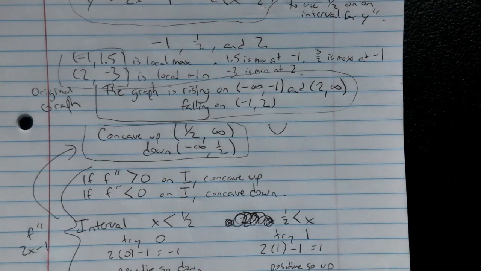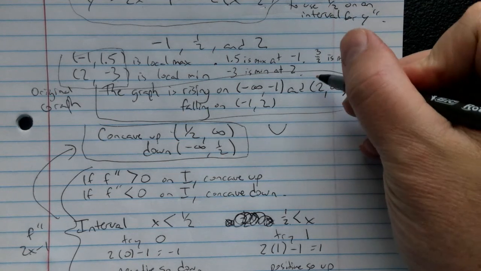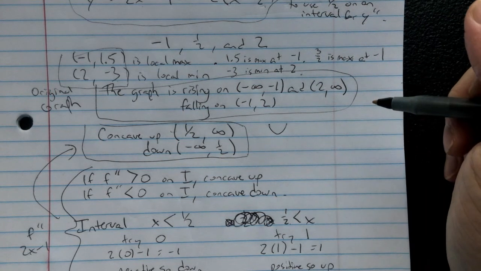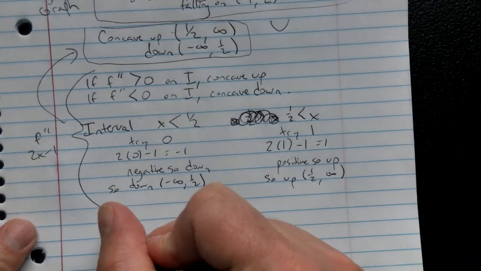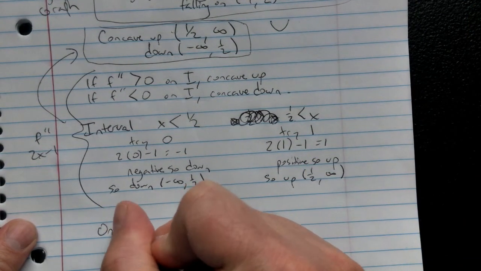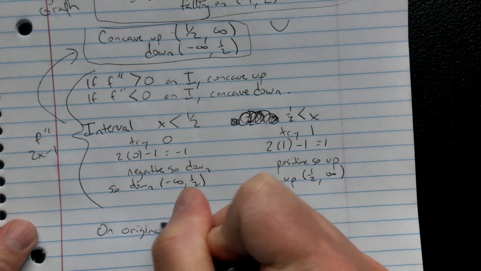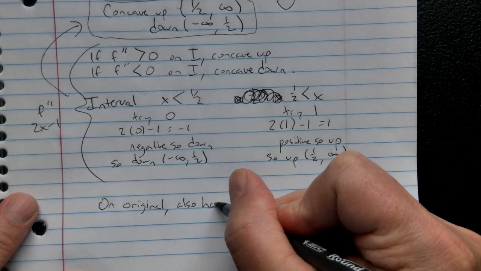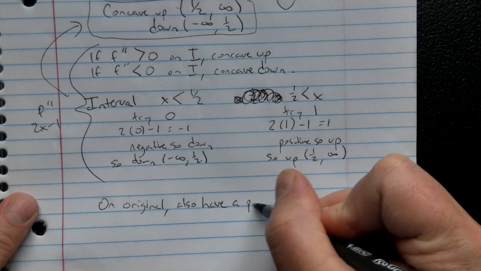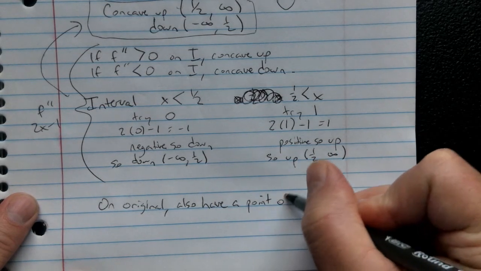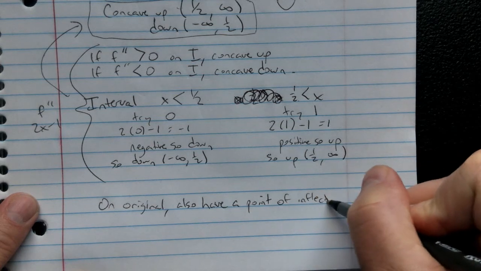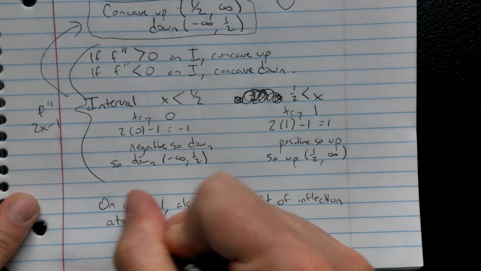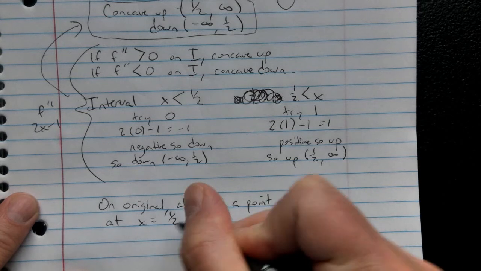So again, on the original, you also have a point of inflection at x equal 1/2.